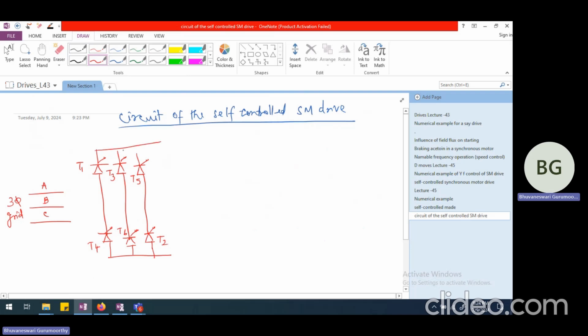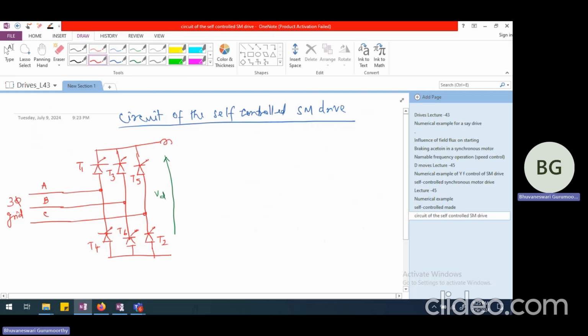And we are going to have this giving out a DC link voltage. So what is available here is, let us say, the DC link voltage. Now A phase is connected to this leg, B phase is connected to this leg, and C phase is connected to the third leg.